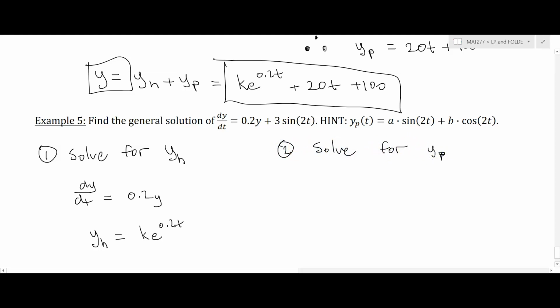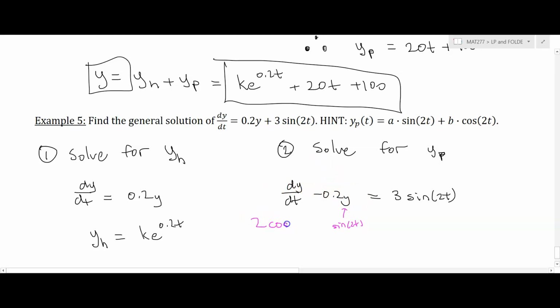We said that we're going to use this as a template. And again I'm just going to subtract over and leave the non-homogeneous piece on the right by itself. The reason it needs to involve sine and cosine is that if I had just used sine of 2t, then we have to take the derivative of sine, and the derivative of sine is cosine.